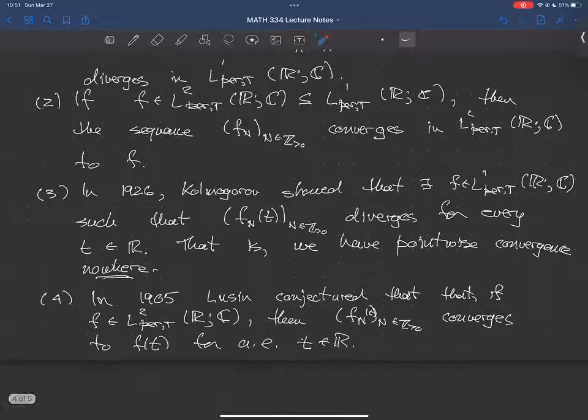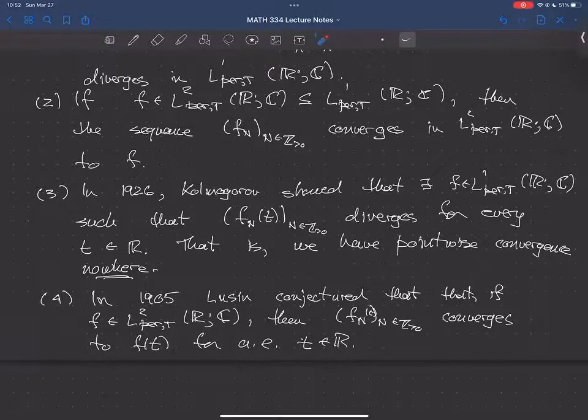So if in 1905 you're working in a world where Lusin's conjecture is something that you want to try and prove, Kolmogorov's proof of the everywhere pointwise divergence of a Fourier series sort of pours cold water on that hope. And so the thinking became, after Kolmogorov, that Lusin's conjecture is probably false.